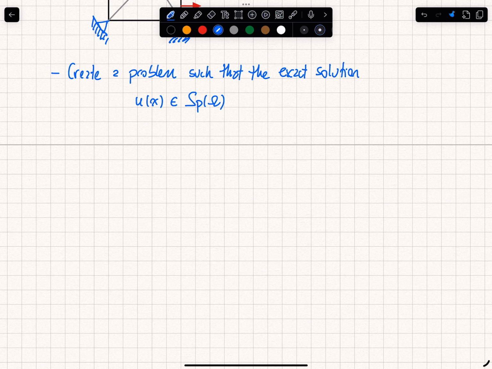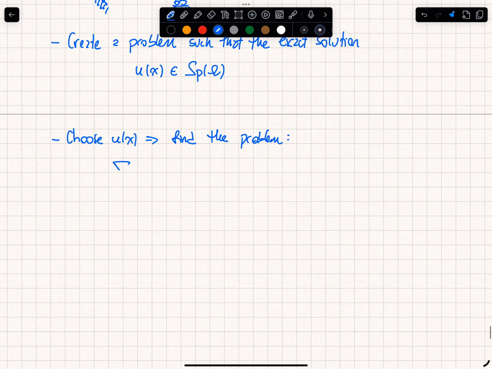So essentially now that we have chosen U, then we find the problem that we're going to solve. So what does that mean? Well, we know that in elasticity our equilibrium equation looks something like this, right? So the moment we plug U here, we can get what would be our body force.